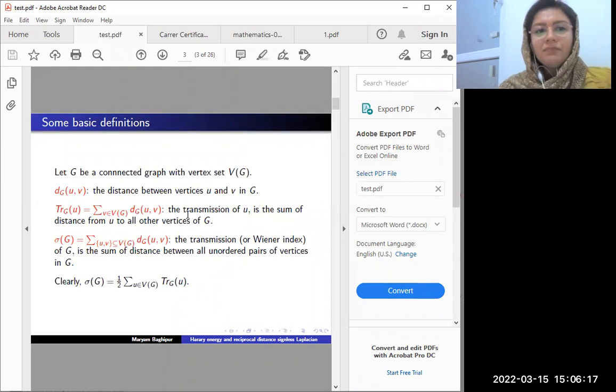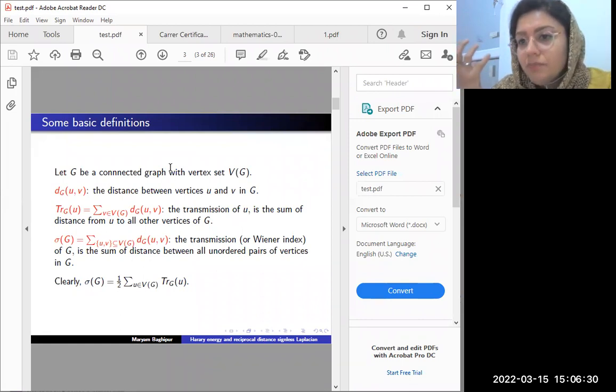Let G be a connected graph. For the distance matrix and reciprocal distance matrix, and each matrix related to the distance matrix, graph G has to be a connected graph.